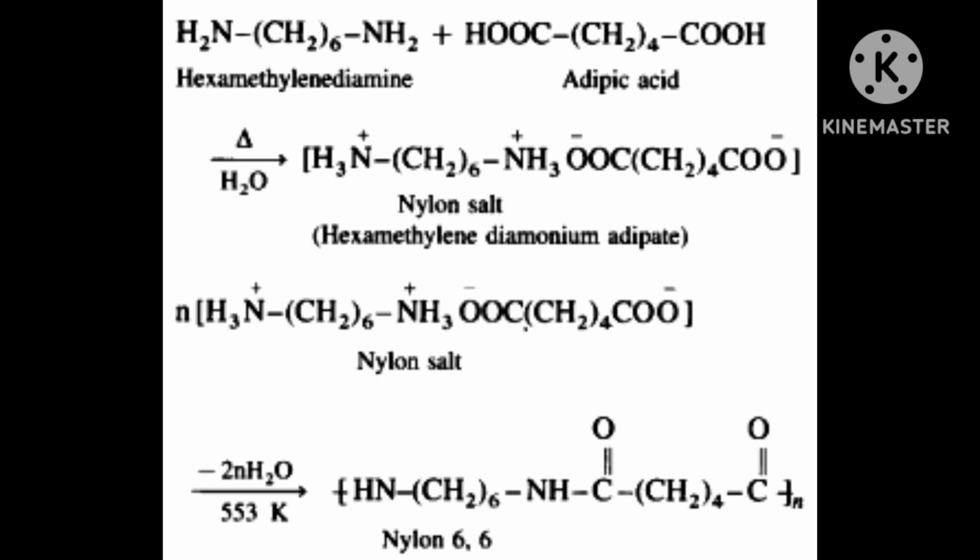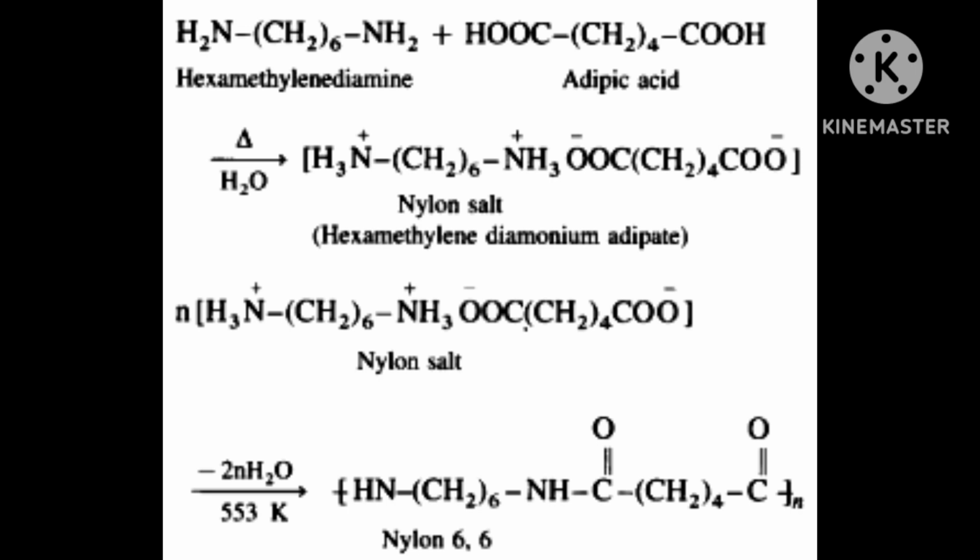Okay, the general method of preparation consists of condensation polymerization of diamines with dicarboxylic acid. Diamine you will require and dicarboxylic acid you will require, and also of amino acids and their lactams.